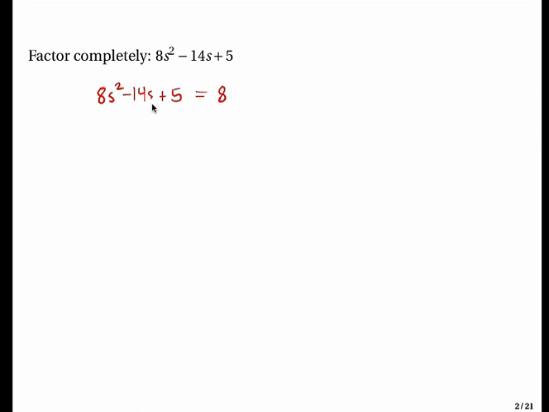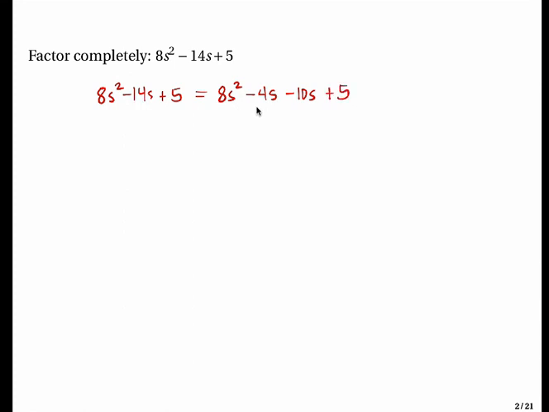So we write 8s squared, and then for the minus 14s, we write it as minus 4s minus 10s. And then lastly, the constant term, we have the plus 5.